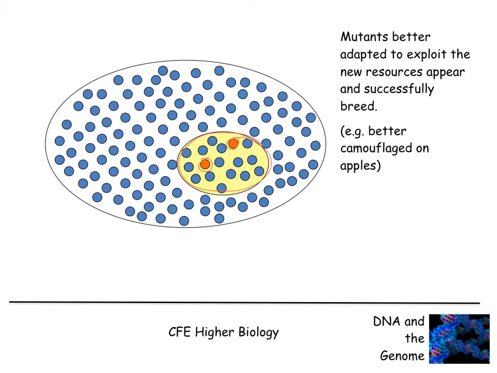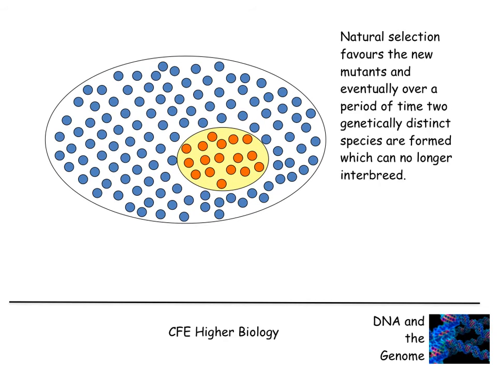So they're better adapted in that apple tree. Natural selection, therefore, will favour those new mutants, and eventually, over a period of time, two genetically distinct species are formed. And eventually, as I said at the beginning, they become so different they can no longer interbreed.